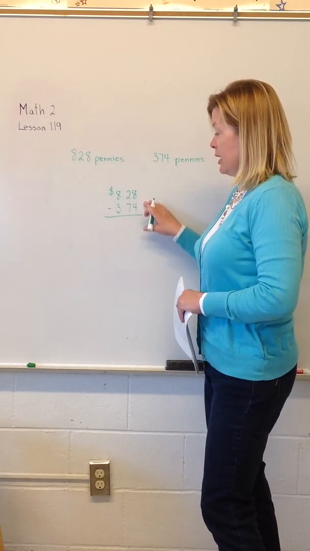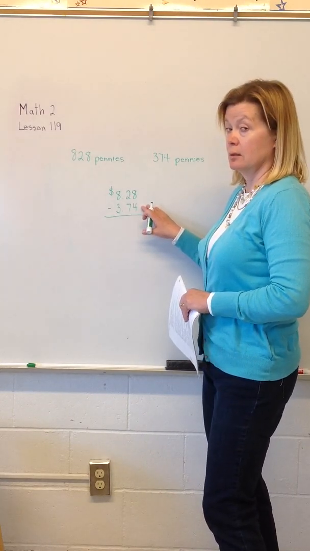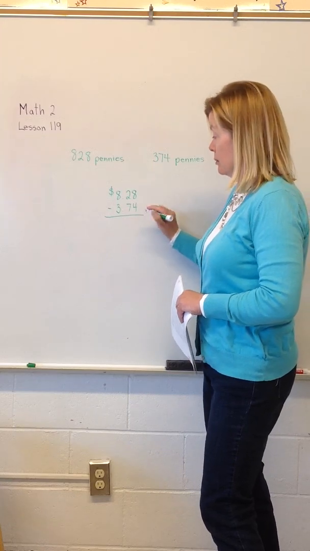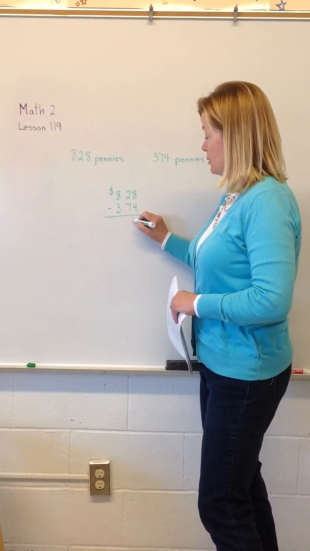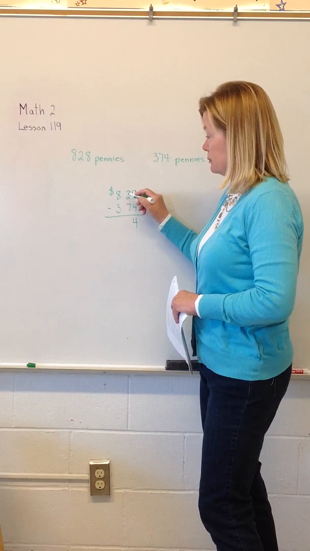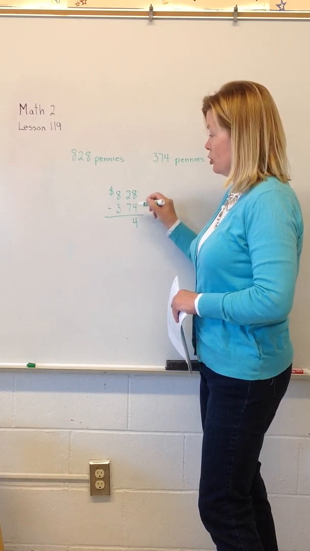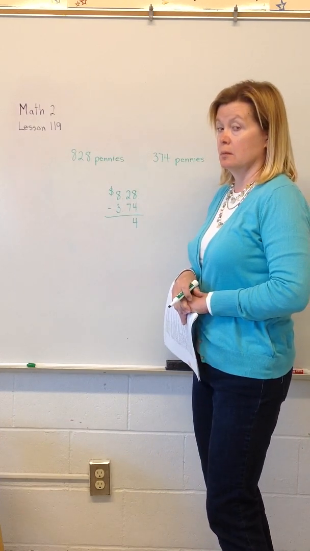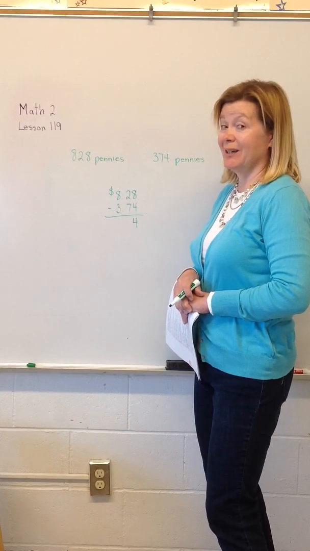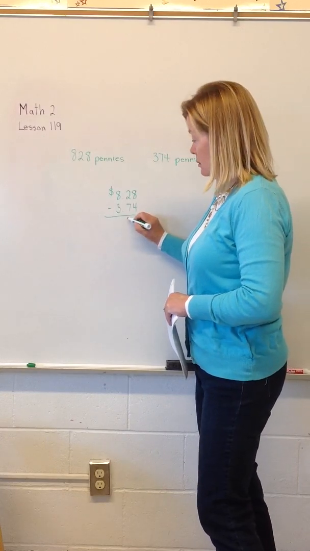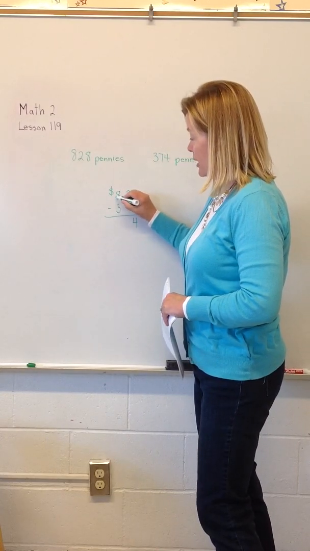If I have 8 pennies, can I subtract 4? Yes, I can. 8 minus 4 is 4. How about 2 minus 7? Remember, if I have 2, I cannot subtract 7. So I need to trade.